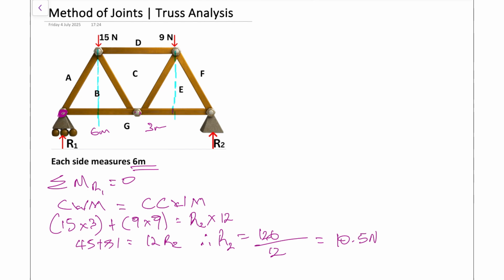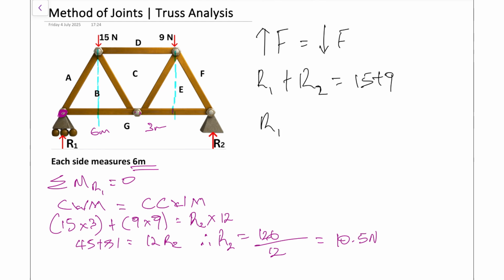So that's R2 done. Now to find our R1, we're going to say that our upward vertical forces should be equal to our downward vertical forces. What's going upward is just R1 and R2. And what's going downwards is just 15 plus 9.